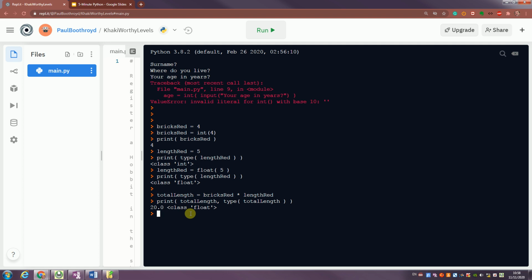So let's try doing bricks that are blue. And I've got 7 of them. So I can add bricks together. So I can put total bricks, and that's bricks red, that's bricks blue.